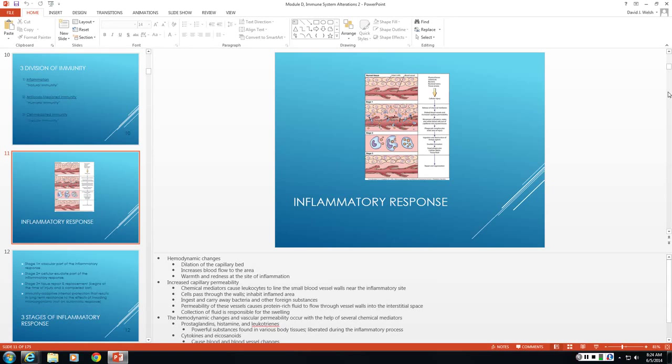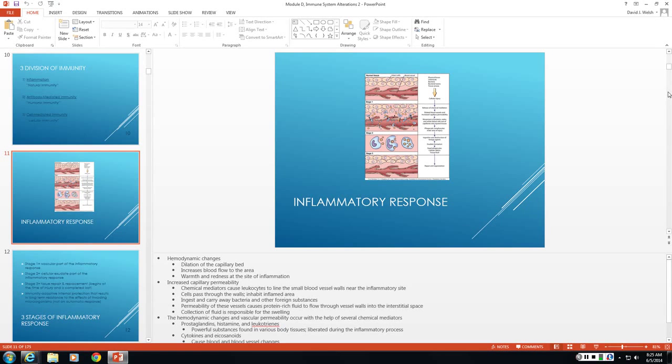So your chemical mediators are going to cause leukocytes to line the small blood vessel walls near the inflammatory site. Now, these cells are going to pass through the walls and inhabit the inflamed area. They're also going to help to ingest and carry away the bacteria and other foreign substances that are in that area.